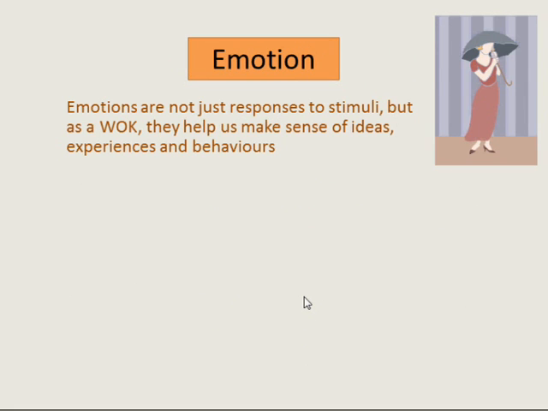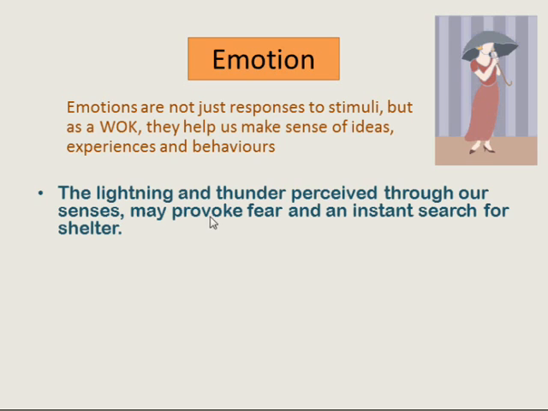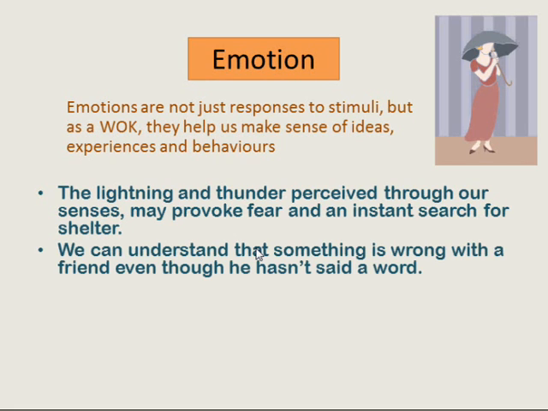Emotion is another way of knowing. It's not just response to stimulus, but it's a way of knowing that helps us make sense of ideas, experiences, and behavior. Lightning and thunder are perceived through our senses, but they may provoke fear or an instant search for shelter. And those things indicate to us that it's raining.